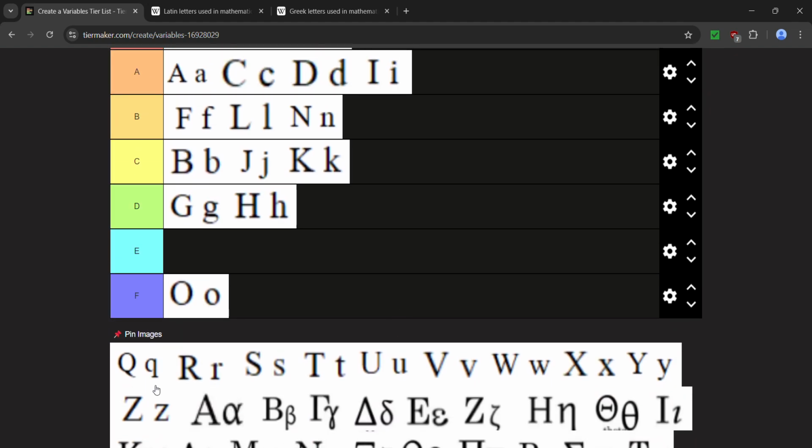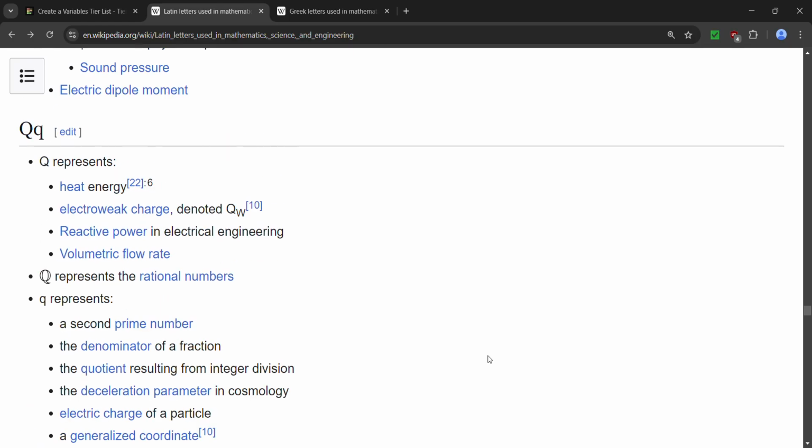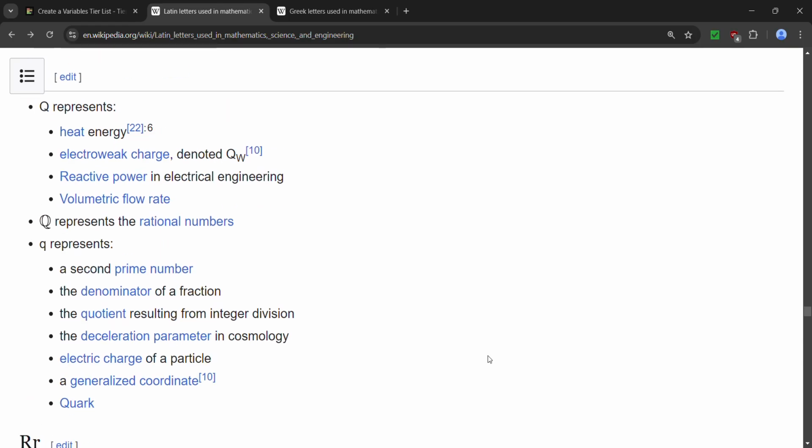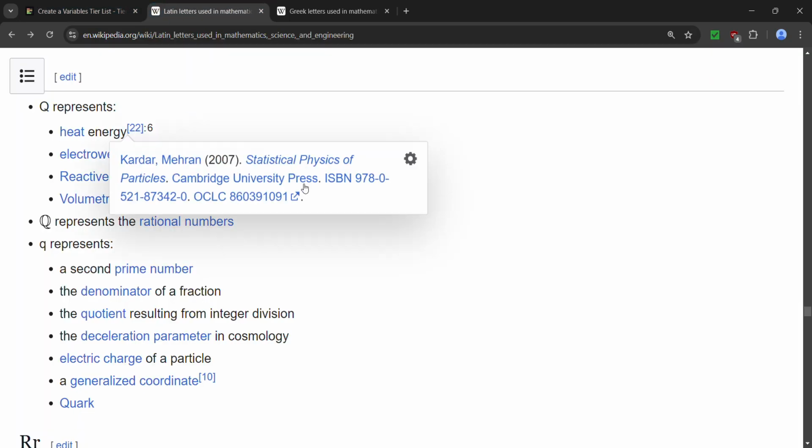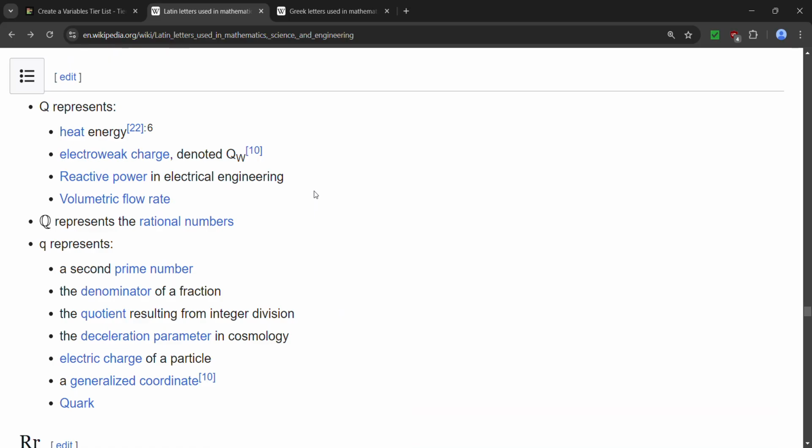Okay, Q. What do you got? Q. Heat. Yeah, heat's pretty important. I don't really understand who came up with that, but maybe we're just all hating on the H hate train. So we just decided not to use H to represent heat. But good for Q that it landed that.